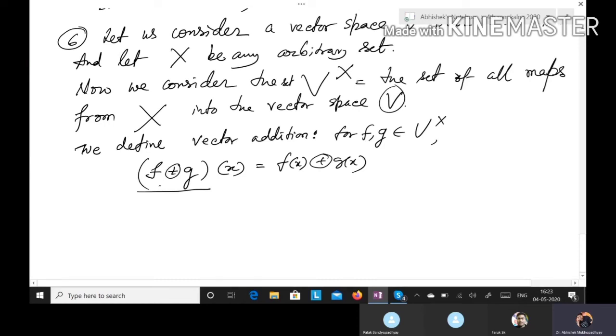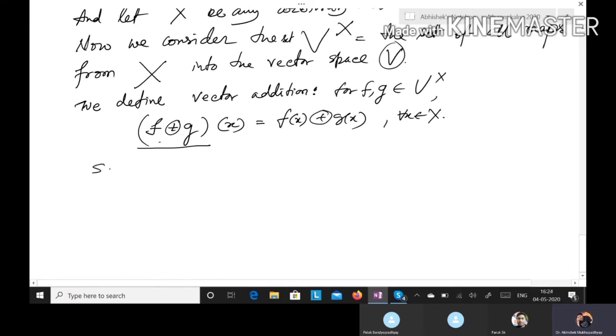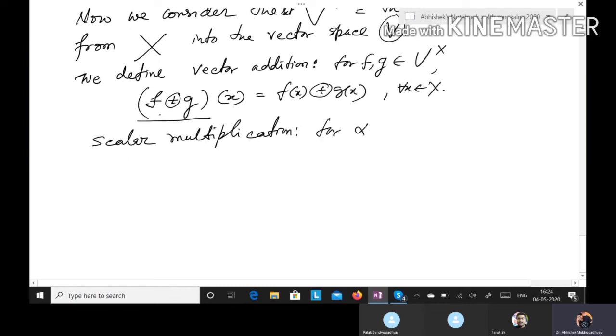You are defining this one, and that one has been defined already in the vector space V. So (f + g)(x) is f(x) + g(x) for all x belonging to capital X. And for scalar multiplication, for any scalar alpha belonging to F, alpha f is defined at each point x as (alpha f)(x) = alpha f(x) for all x belonging to capital X.